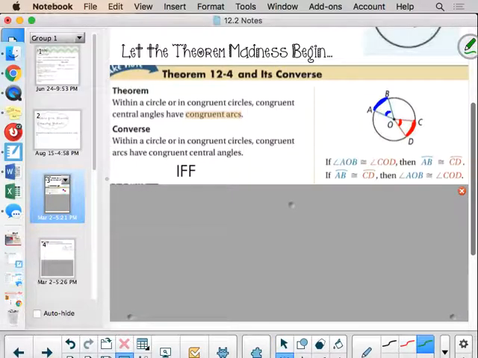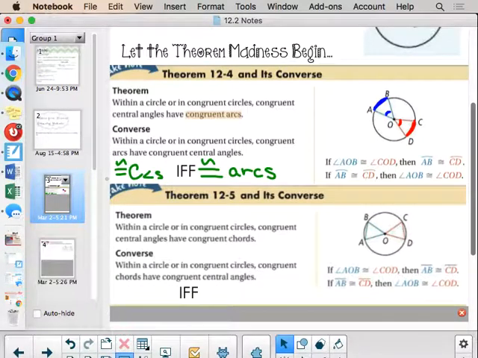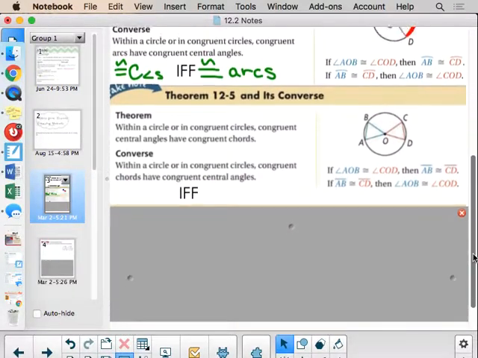But if I want to write this as a biconditional, I think of it this way. Congruent central angles, if and only if congruent arcs. Okay? That's me kind of putting my theorem into my own words. Congruent central angles, if and only if congruent arcs. All right, let's continue talking about having congruent central angles.